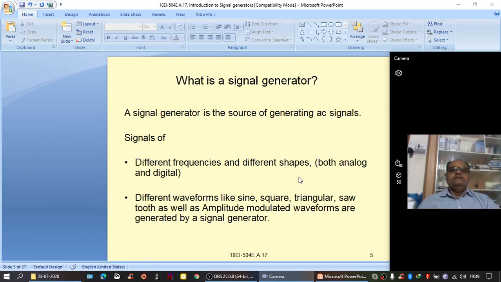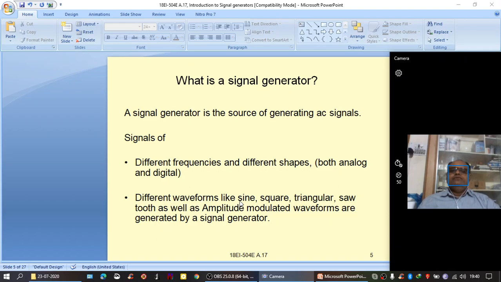Basically, what is a signal generator? A signal generator is a source of generating AC signals, signals of different frequencies and different shapes, and the signal can be either analog or digital.